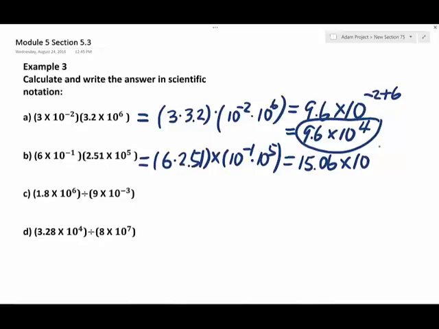Keep the same base 10 and add both exponents. So it turned out to be 15.06 times 10 to 5 minus 1, which becomes 4.